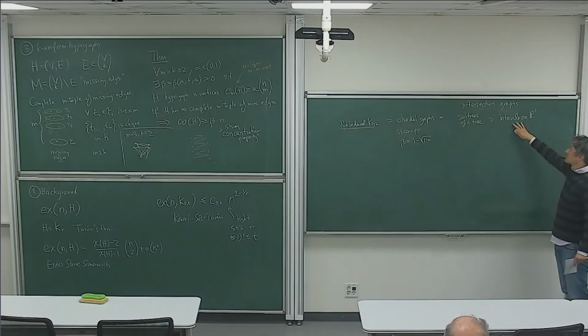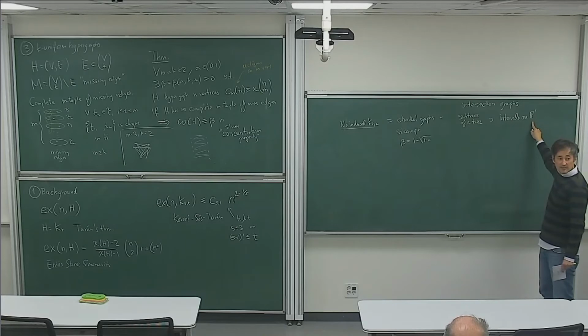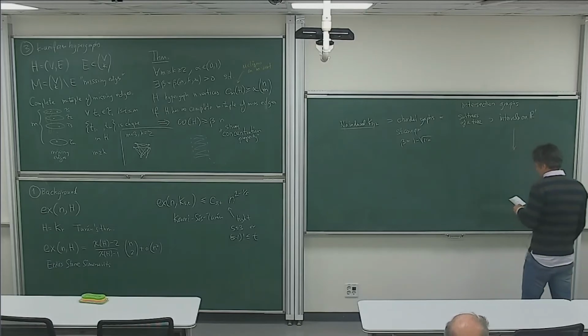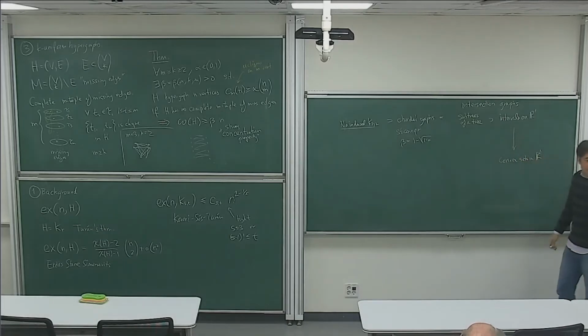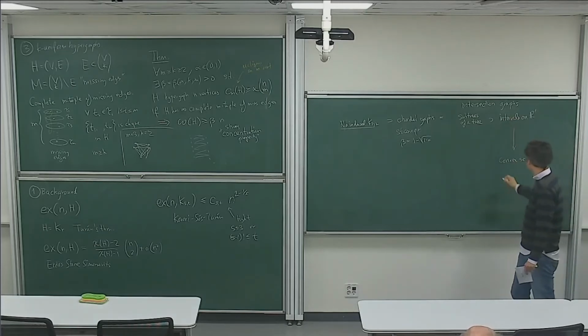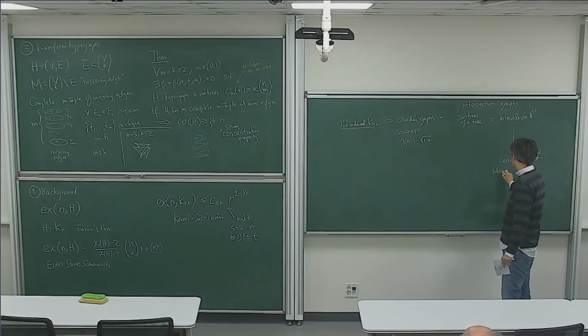If we go down to here, the least general case, there is another way to generalize this. Intervals on the real line are just an example of convex sets. So you could generalize this to convex sets in R^d, and instead of their intersection graph, you now look at the intersection hypergraph.